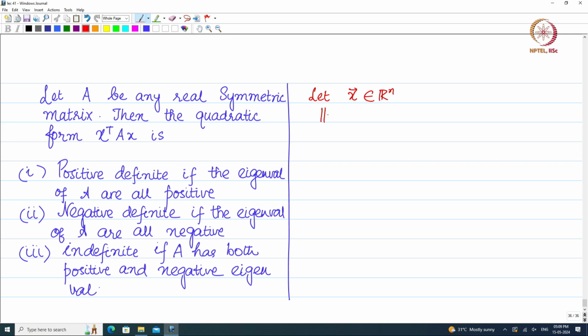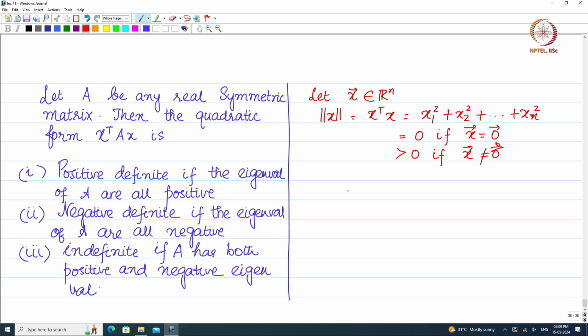Now, what is the squared length of this vector? This is nothing but x transpose x, which is x1 squared plus x2 squared plus and so on, plus xn squared. And now what did we say? We said that this is equal to 0 if x is the zero vector, and greater than 0 if x is not the zero vector.